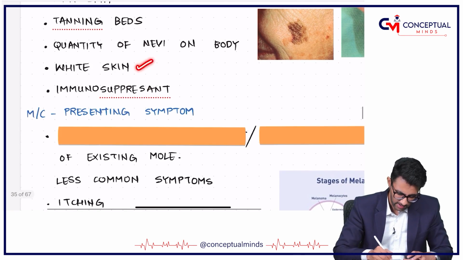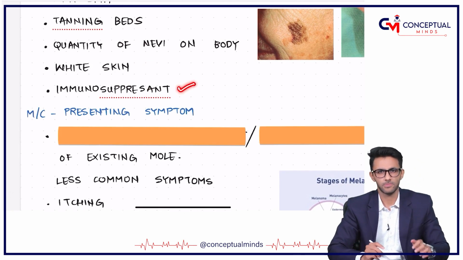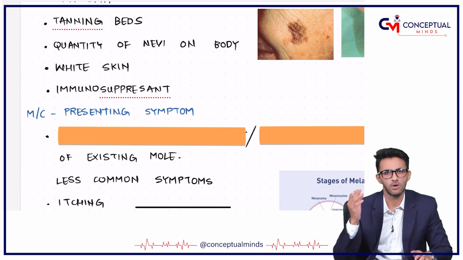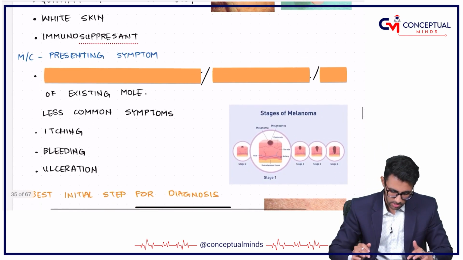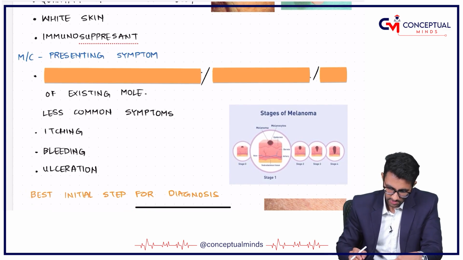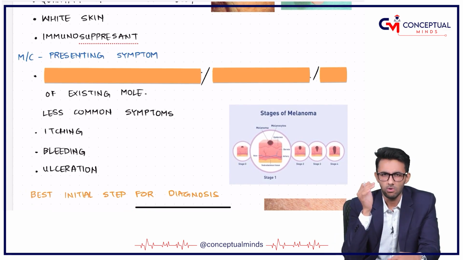The next one is white skin, then someone who is on immunosuppression therapy, could be somebody who accepted an organ, a recipient. Let us come to the most common presenting symptom of melanoma. This is a new mole formation.